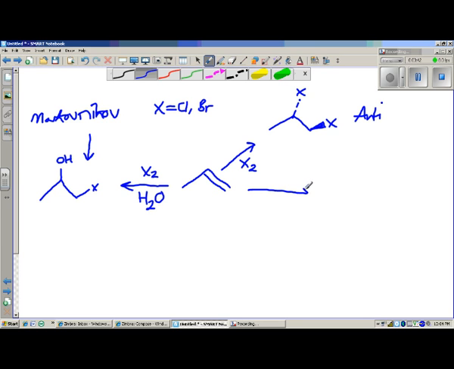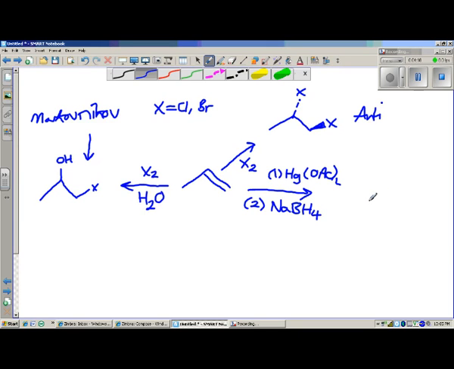We'll also see a reaction called oxymercuration-demercuration, which is another way to make a Markovnikov alcohol. That involves a two-step process, the first step of which is mercuric acetate, and then the second step is reduction to remove the mercury.